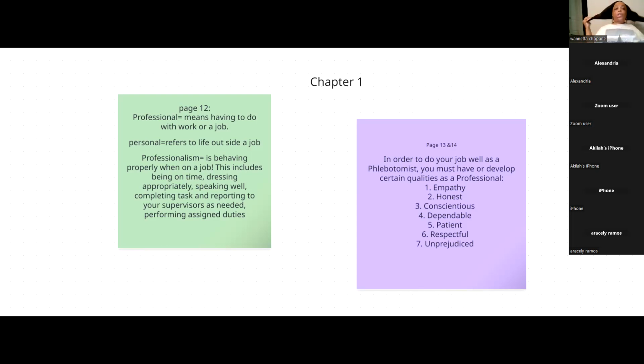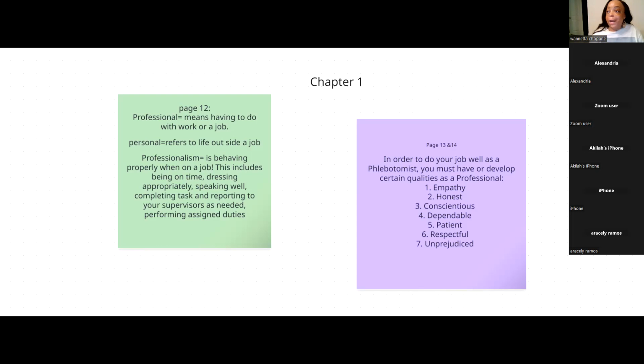So professional means having to do with work or on your job. If you are getting paid for it, you need to be professional. I don't care if it's your own business. That's even more reason to be professional. The difference between professional and personal is that personal refers to life outside your job.